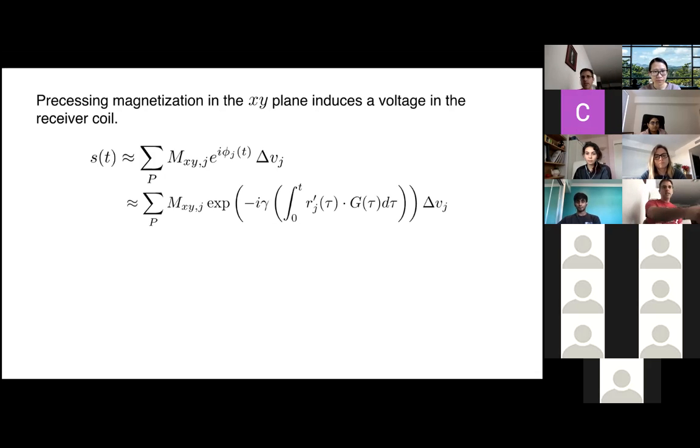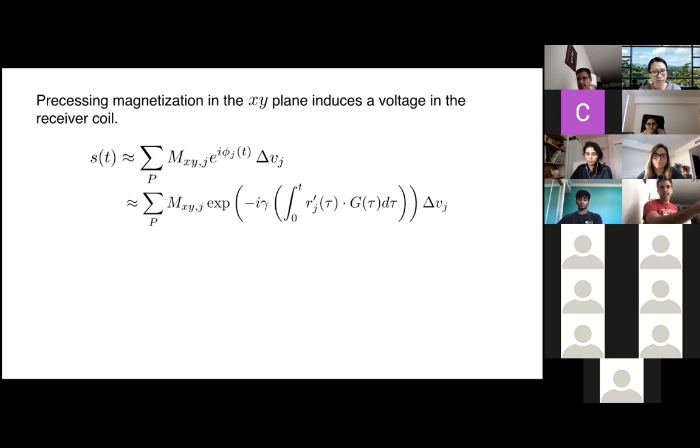By the way, we know an expression for the phase, right? Because the frequency is the magnetic field times the gyromagnetic ratio gamma, and phase is just frequency times time. So for any location, we've got R dot G, where this dot means the dot product.